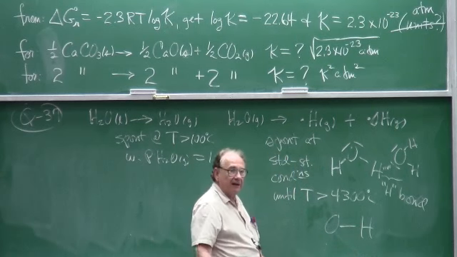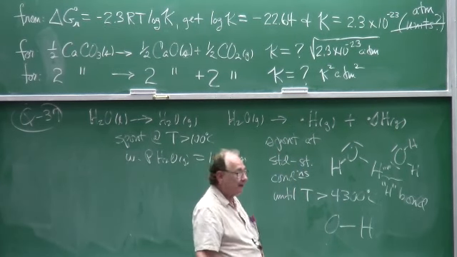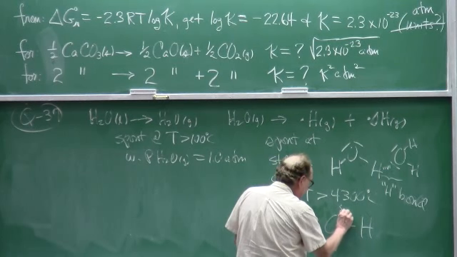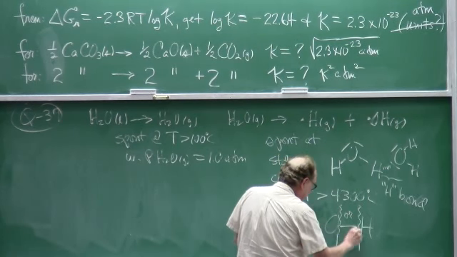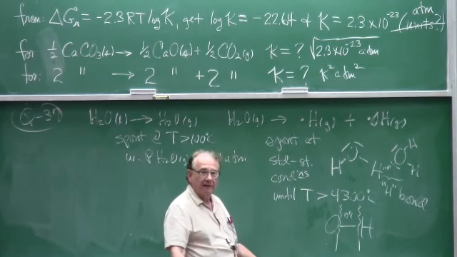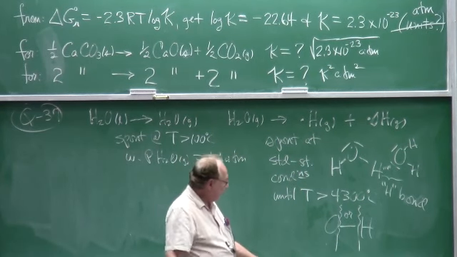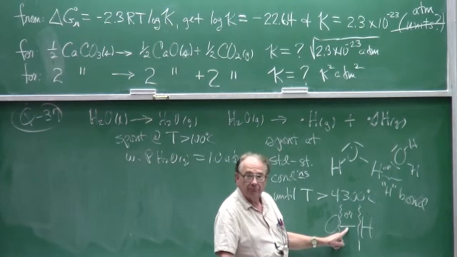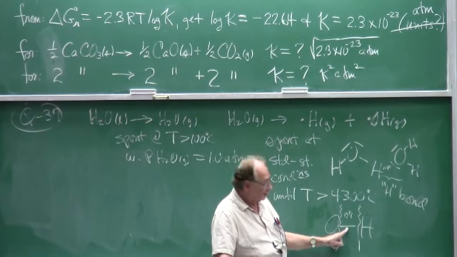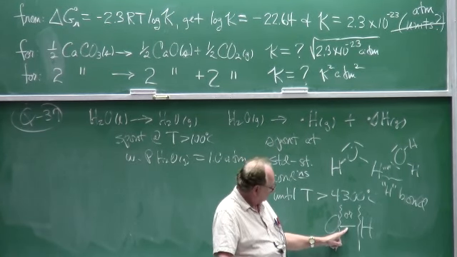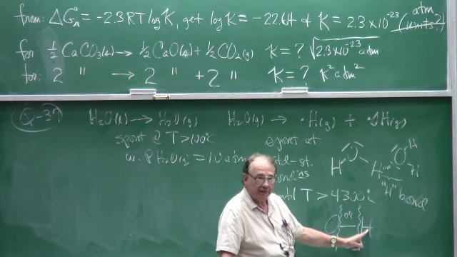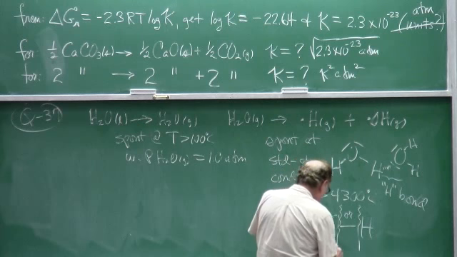So rather than breaking this bond homolytically, let's consider breaking it heterolytically. Breaking it in a fashion in which both the electrons which constitute the bond leave with the hydrogen atom and become H minus.